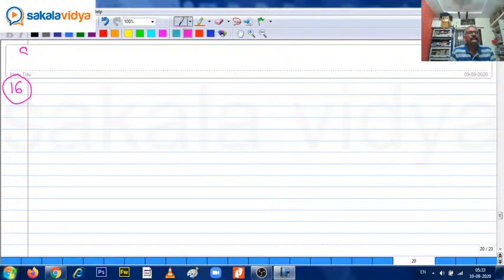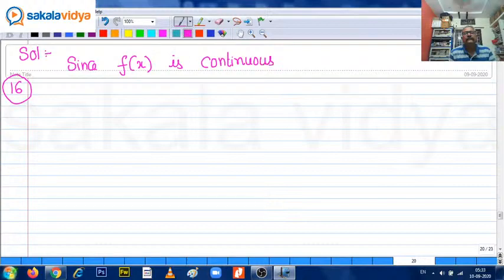16th solution. Since f of x is continuous at x is equal to 0, then f of 0 equals limit x tends to 0 of f of x.